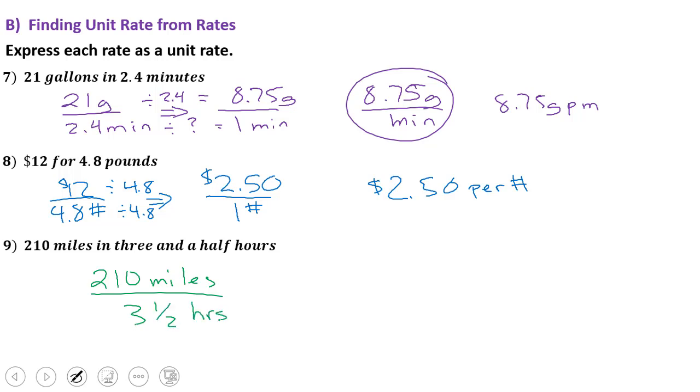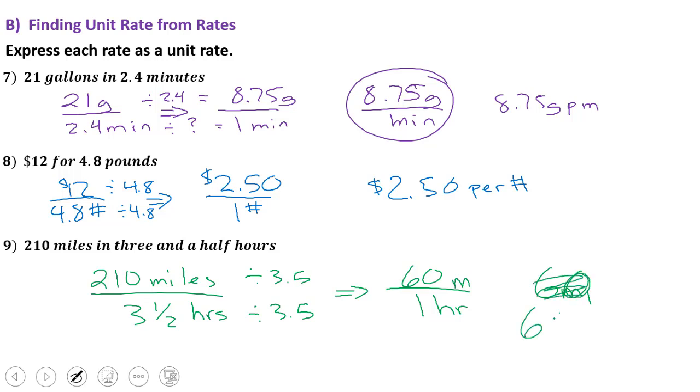Well, I don't like dividing by fractions. I'm going to convert that to a decimal, and I know if I divide by 3.5, that is an equivalent decimal. So I'm going to divide the numerator by 3.5 to create my unit rate out of 1 hour. And 210 divided by 3.5 happens to be 60 miles per hour.